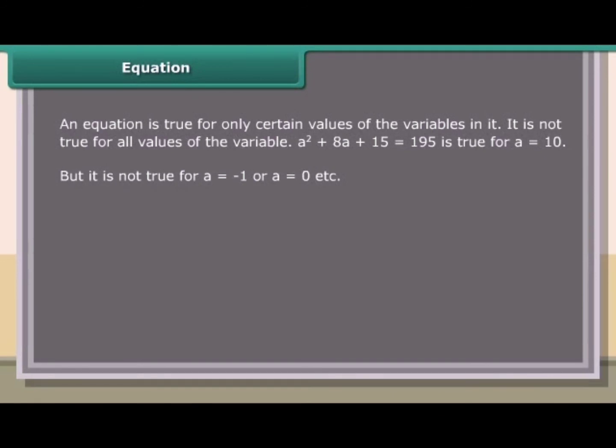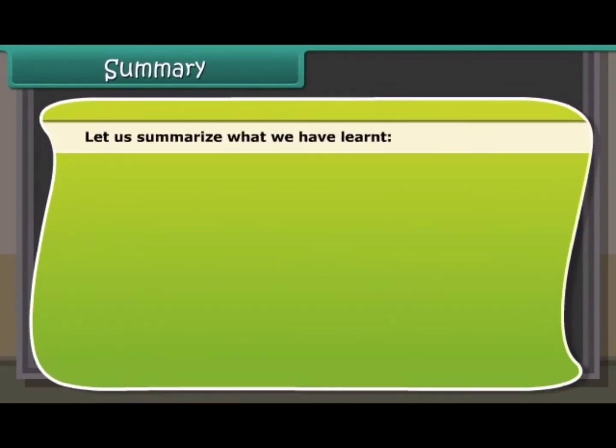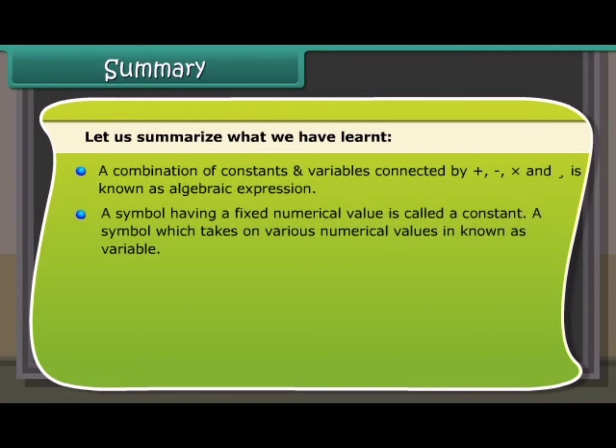Summary. Let us summarize what we have learned. A combination of constants and variables connected by plus, minus, multiplication and division is known as algebraic expression. A symbol having a fixed numerical value is called a constant.